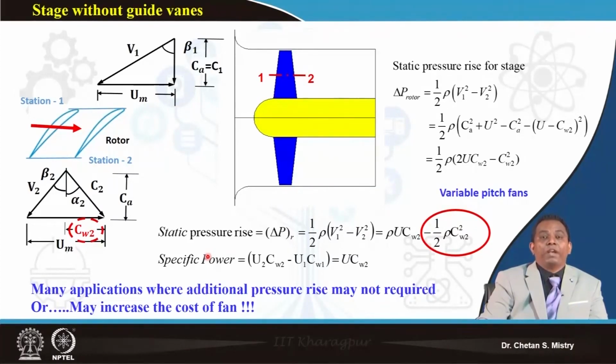Many times people use mechanical devices to achieve a variable pitch configuration. So basically variable pitch means we are managing our CW2. Realize that: when I am changing my angle for this blade, basically I am managing my CW2.